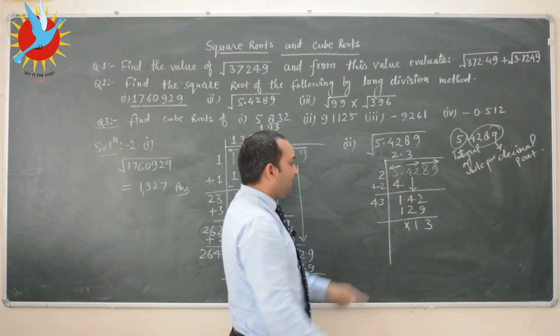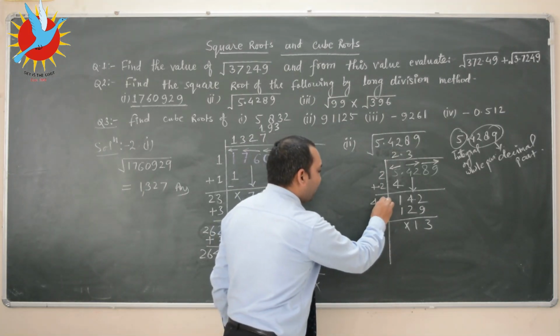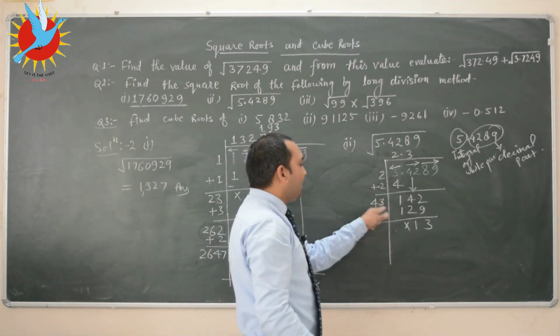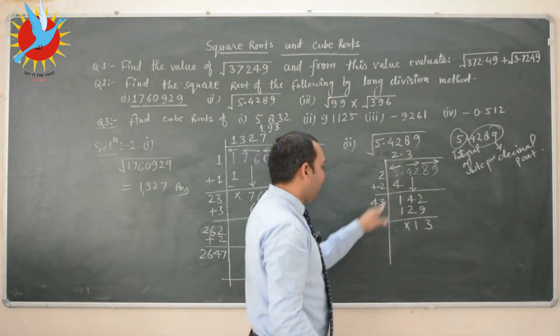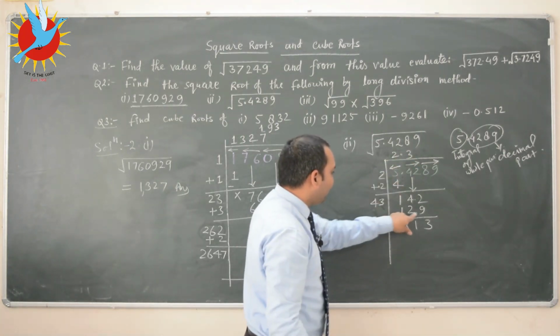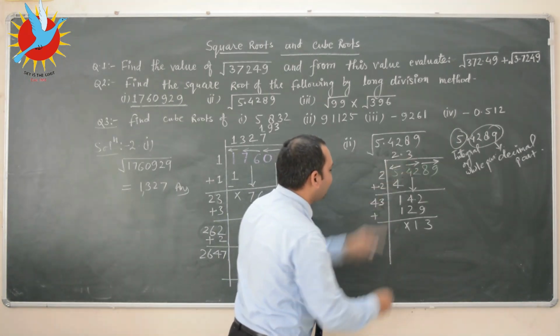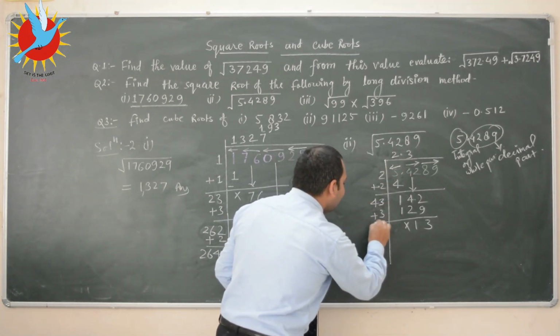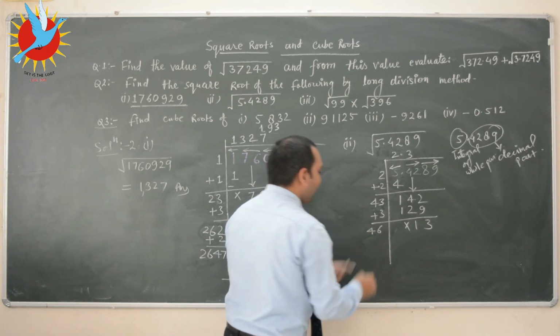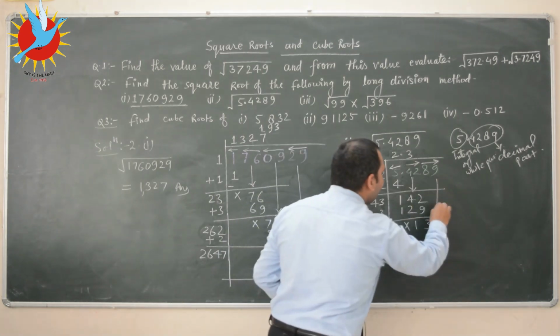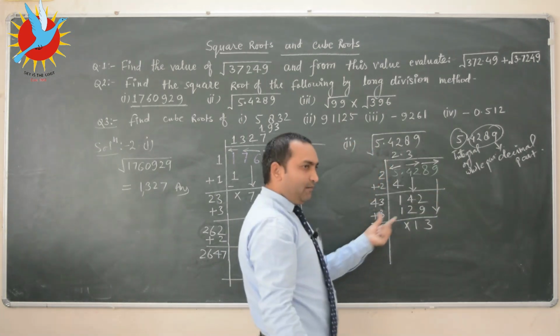Previously we put here 3, that is 43, and we multiplied by 3. So the result was 129. Here which number do we add? The same number, 3. So 3 and 3 is 6, and here 46, and we bring down a pair of numbers.